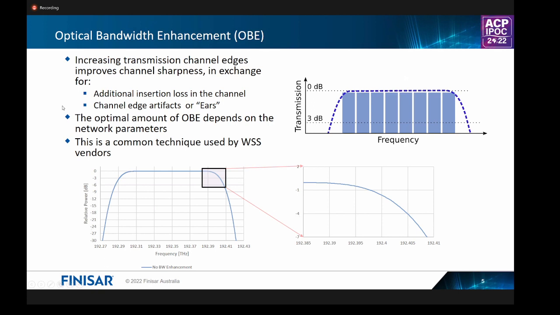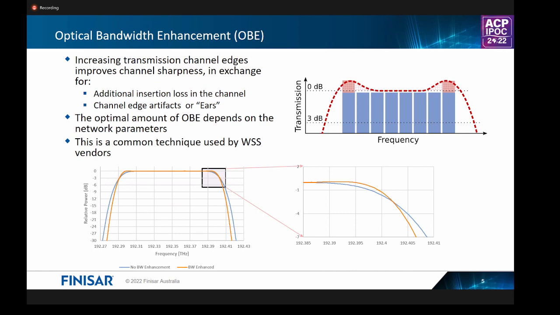With optical bandwidth enhancement, we enhance the transmission at the edges of the channels. When you do this, you can see there's quite a substantial change in the channel shape. If we zoom in on the channel edge here, the channel is sharper, and that means the bandwidth will not reduce so quickly with cascades.